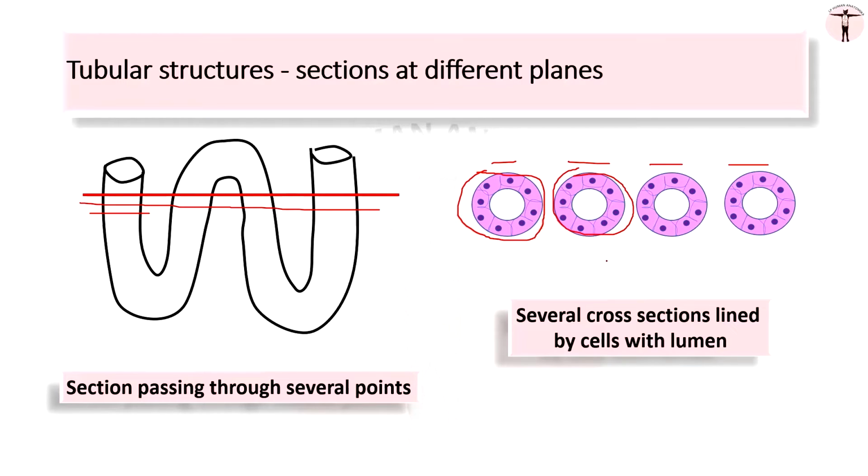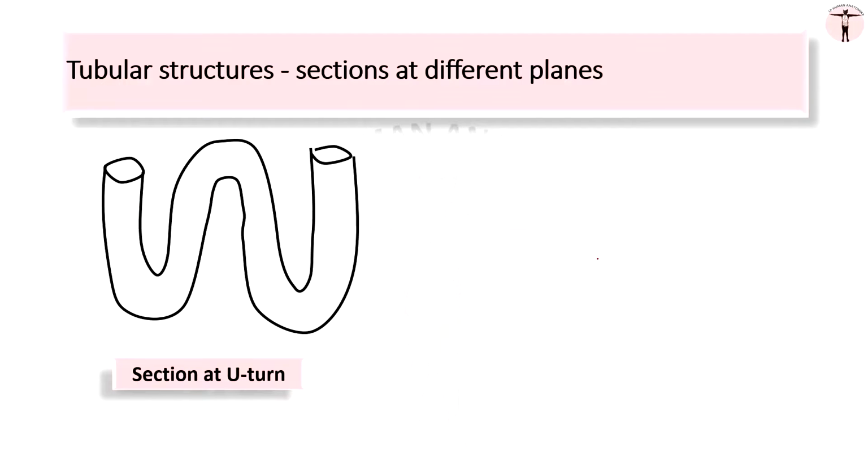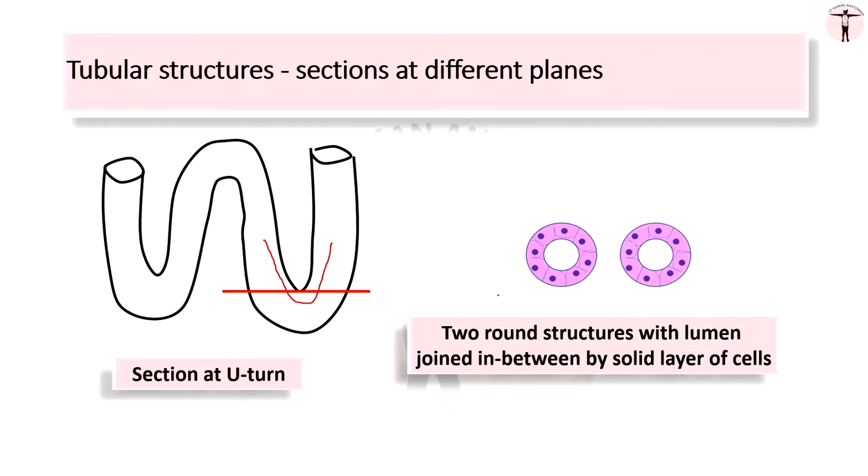When the section passes at a U-turn of the tube, where it is bending, here the two lumens are joined in between by a solid layer of cells. So that is what you will observe.